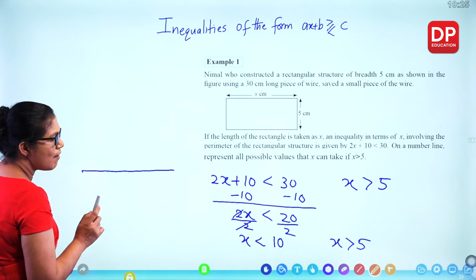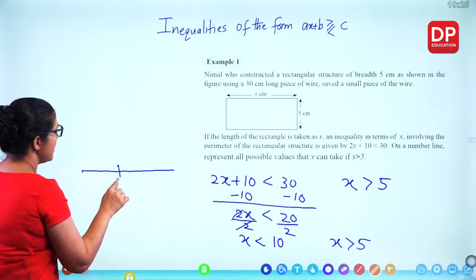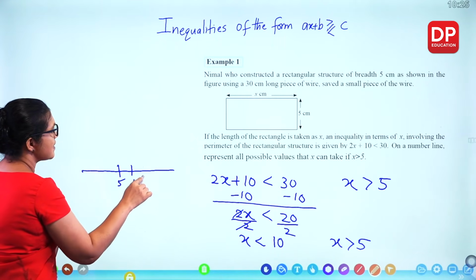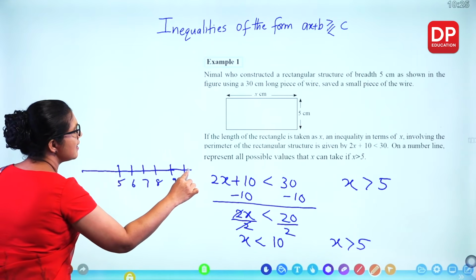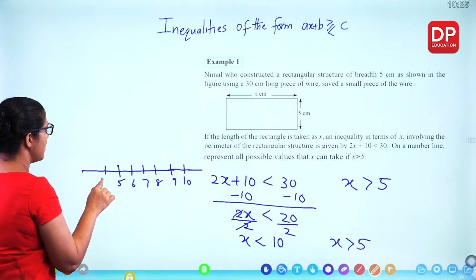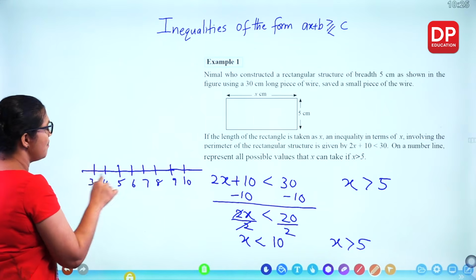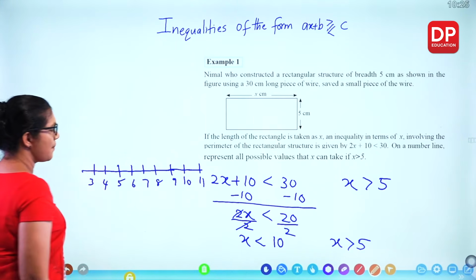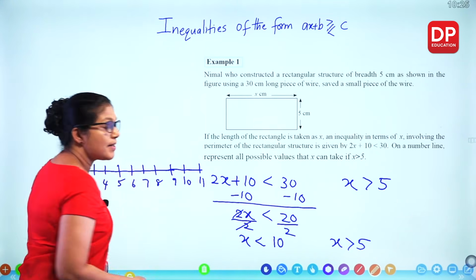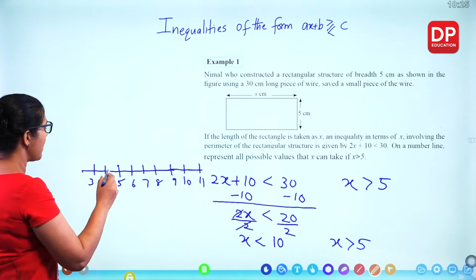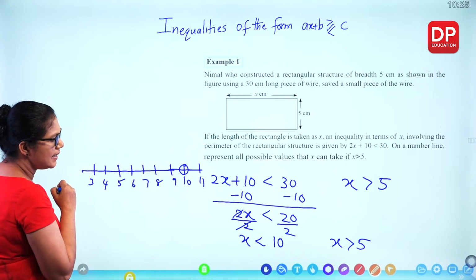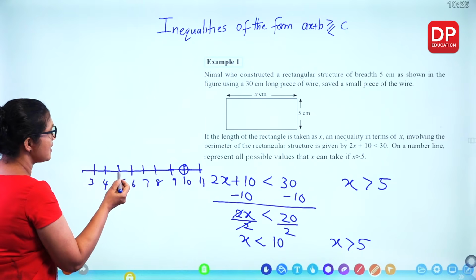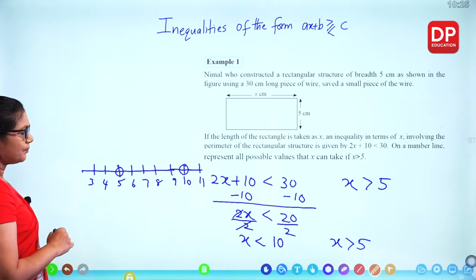So here 5 and 10. I can write 5, 6, 7, 8, 9, 10 and several numbers before and after. Both these numbers are not included, so I can mark them with open circles, 10 and 5.